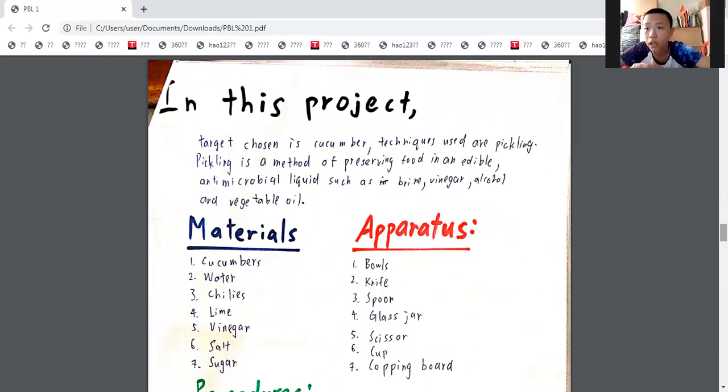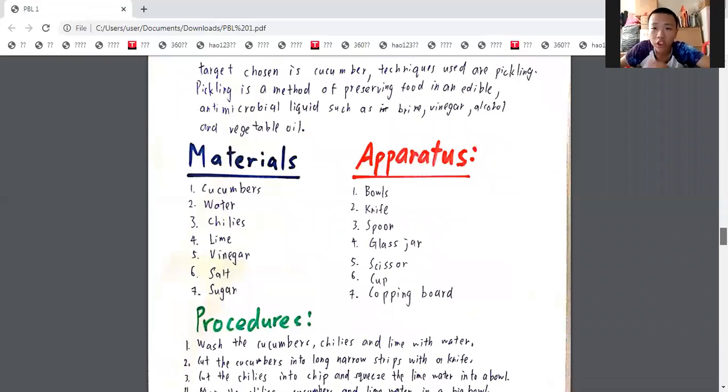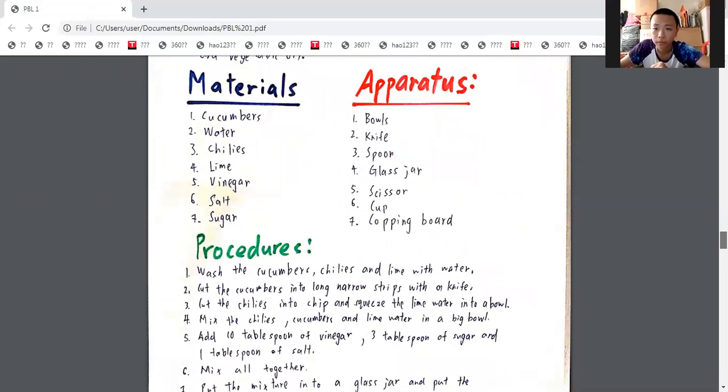The technique I use is pickling. Pickling is a method of preserving food in an edible antimicrobial liquid such as brine, vinegar, alcohol, and vegetable oil. The materials I use are cucumbers, water, chilies, lime, vinegar, salt, and sugar. The apparatus I use are bowls, knife, spoon, glass jar, scissors, cup, and chopping board.